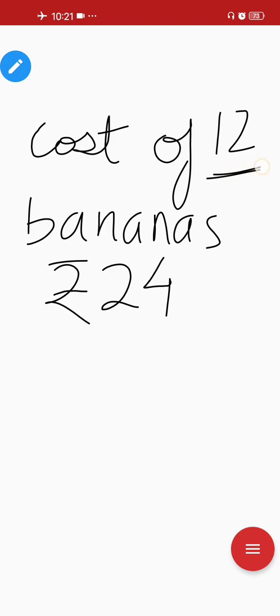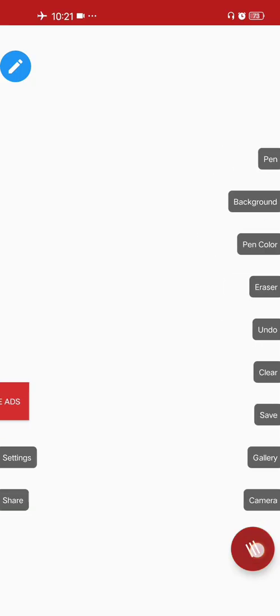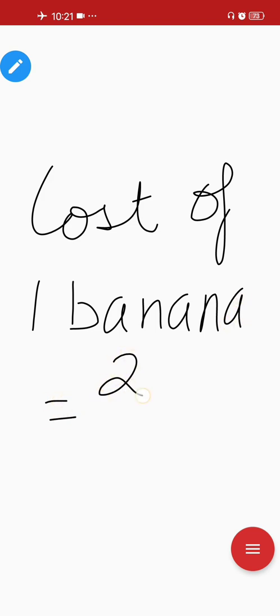Because it's given dozen. So we can find out the cost of one banana now. The cost of one banana will be 24 divided by 12, because the cost of 12 bananas is rupees 24. So we'll divide 24 by 12.